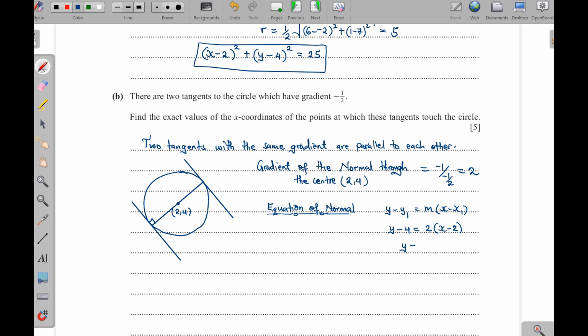So make y the subject. y will be equal to 2x minus 4, then bring this 4 here. So that means these will go, and the equation of that normal, or the equation of that diameter, is y is equal to 2x.